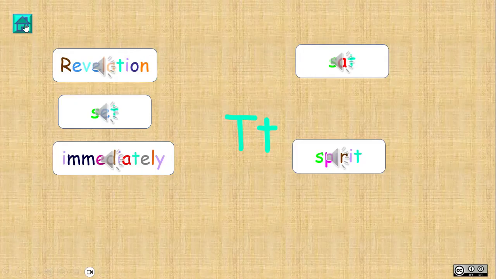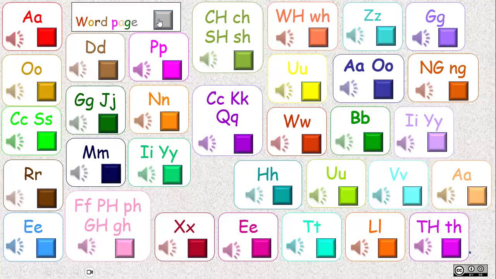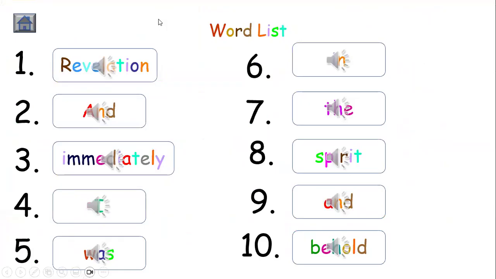So we'll go to the home page, the word page, find the word list, the next word. We've done this word before, but I wanted you to be able to show this to children as well as grown-ups. Any age can learn this, and I wanted you to realize, whoever is watching, that it doesn't make any difference if it's a capital A or a capital S sound over here.